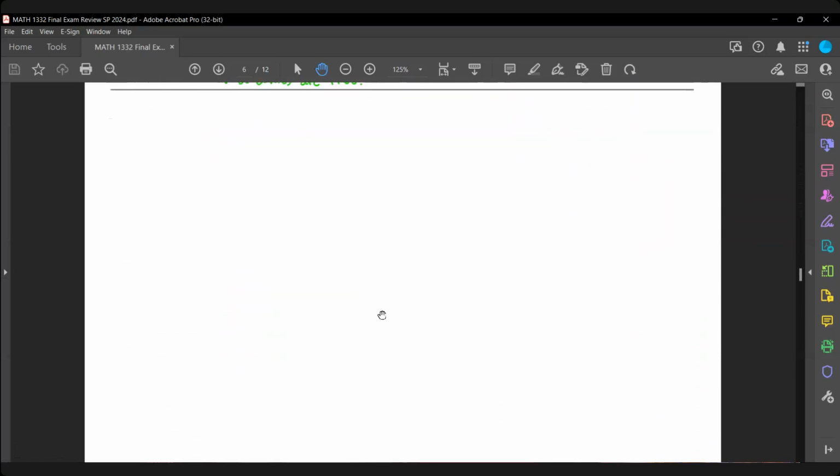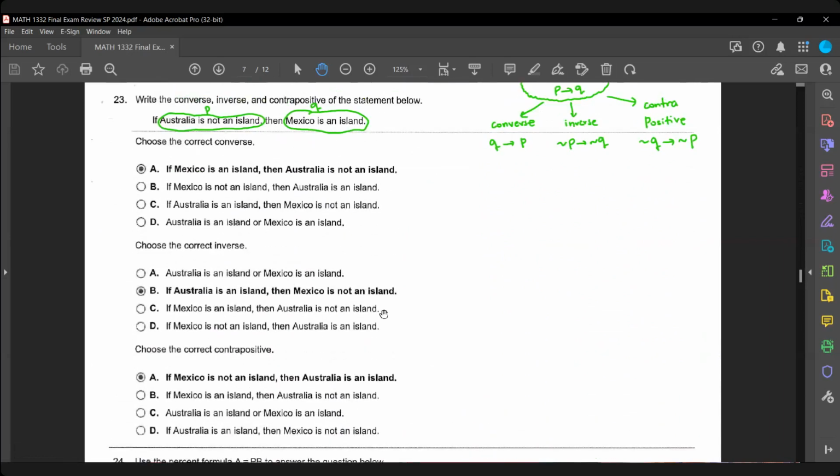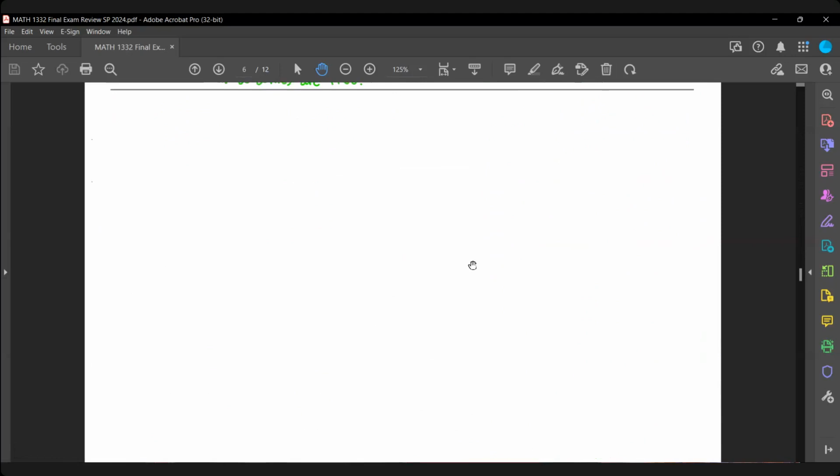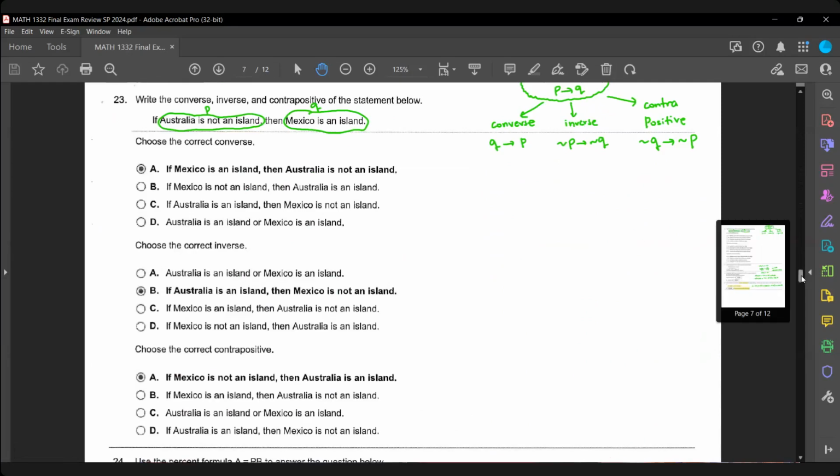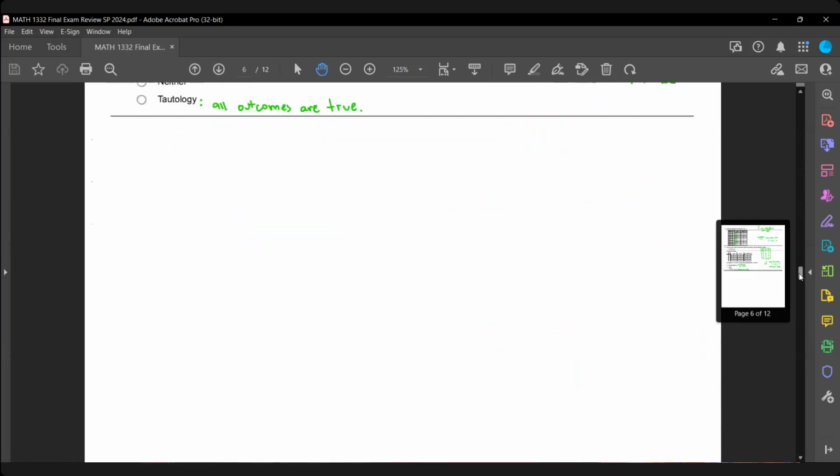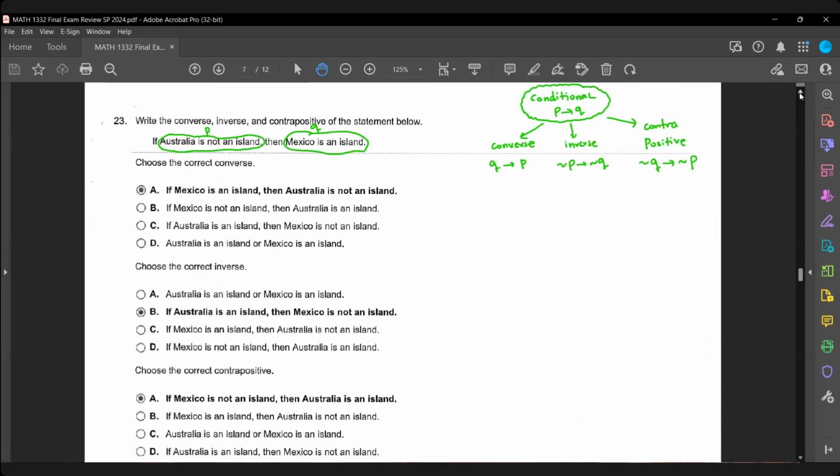23. They want us to write the converse, the inverse, and the contrapositive. So what I've done is I'm giving you what a conditional looks like. If P, then Q. I gave the definition of what a converse, inverse, and a contrapositive look like of a conditional.